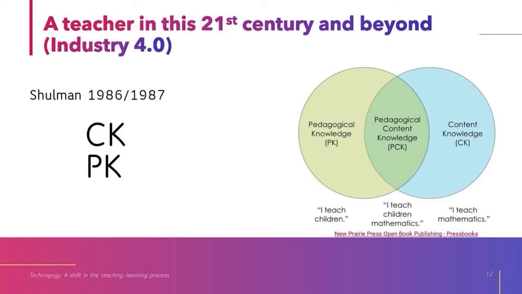If you look at these two circles on your screen, the first one, which is pedagogical knowledge, is PK, and it's talking about a typical teacher that says, I teach children or I teach students. But at the same time, the other circle is saying, I teach mathematics. That is the content that the teacher is teaching. But in between these two, we have the PK and we have the CK.